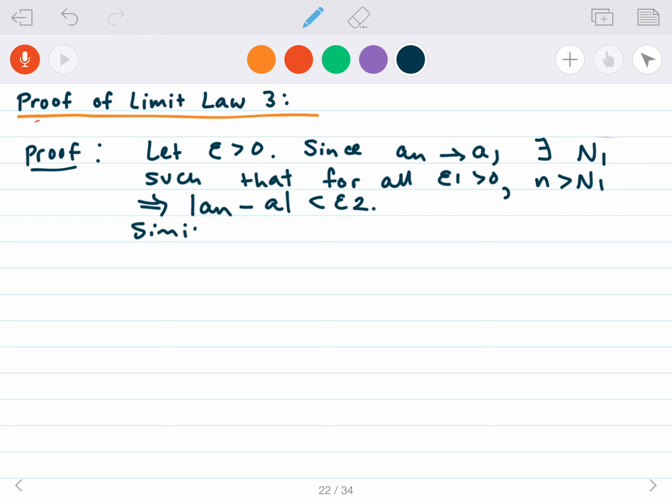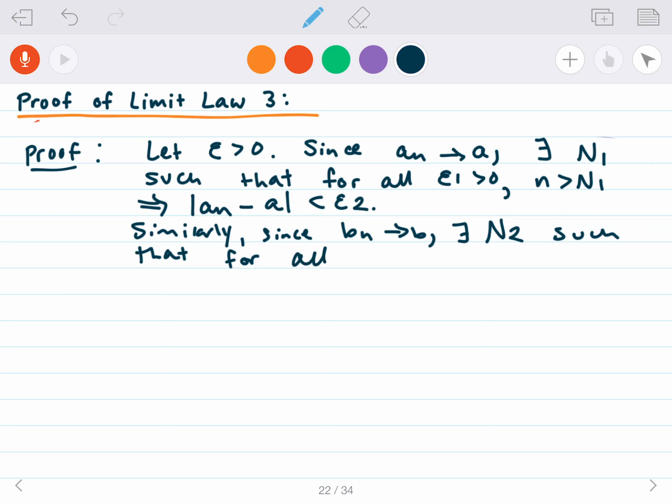Similarly, since b sub n converges to B, there exists some capital N2 such that for all epsilon sub 2 bigger than 0, n bigger than capital N2 implies that the absolute value of b sub n minus B is less than epsilon 2.